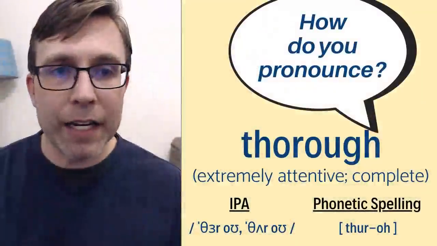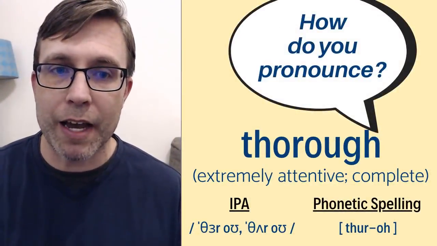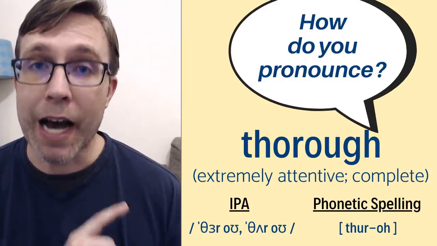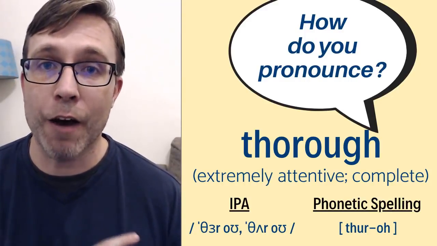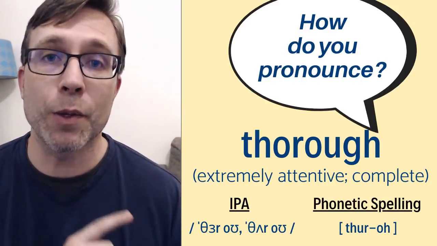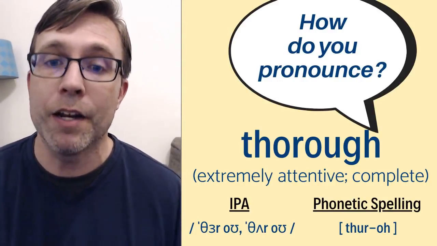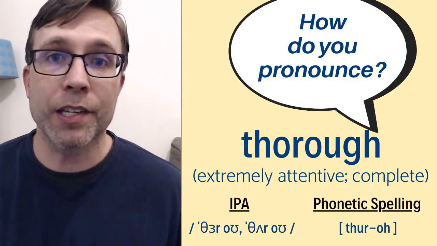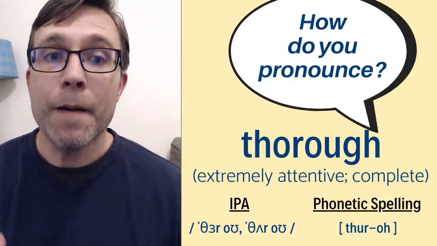So I'm not going to spend a bunch of time going through this. I've given you the word, the meaning, and both the IPA, the International Phonetic Alphabet, if you are familiar with that and you understand those symbols and you can practice pronouncing it, as well as the phonetic spelling in case that helps you to see how it's spelled. So again, I will say the word.